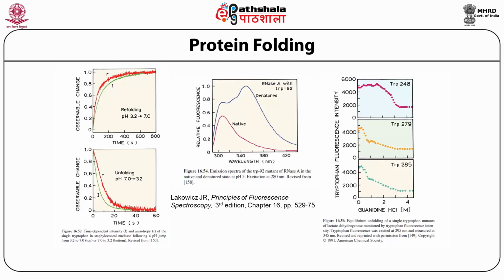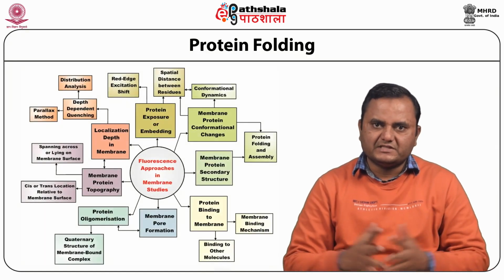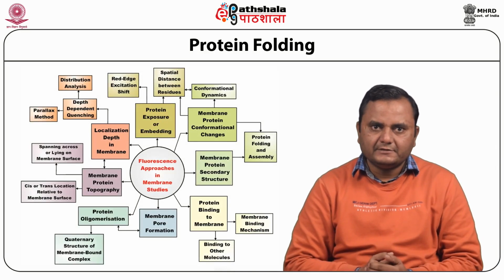You can see here in the middle that ribonuclease has totally different spectra in the native and denatured state. It is also used for the time-dependent kinetics of the folding and refolding of different proteins. As you are aware, fluorescence spectroscopy is widely used to study proteins.